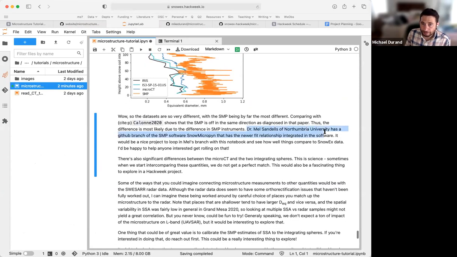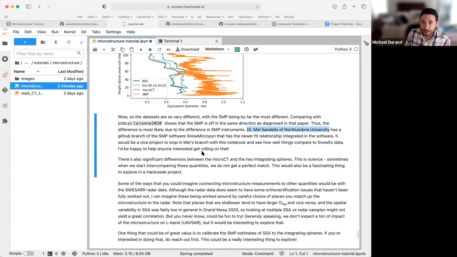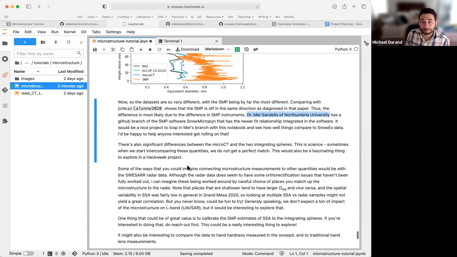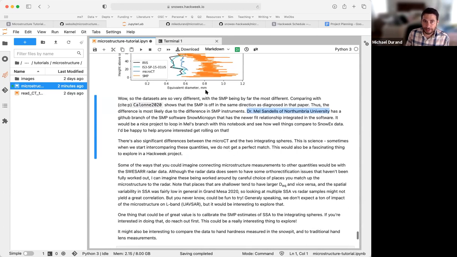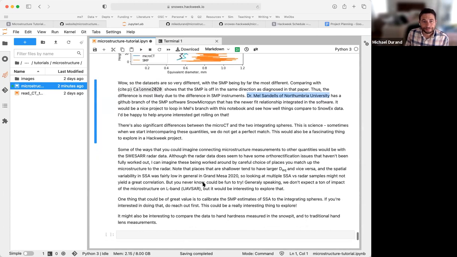So Mel Sandels, who's here as part of SnowEx, has a fork of the Snow Micropin repository that has coded those Cologne coefficients. And so that's what we're using in our microstructure project. So if you're interested in taking this forward, let me know. I do have a plan to update this tutorial afterwards with the latest.